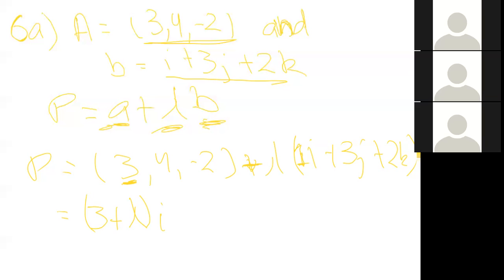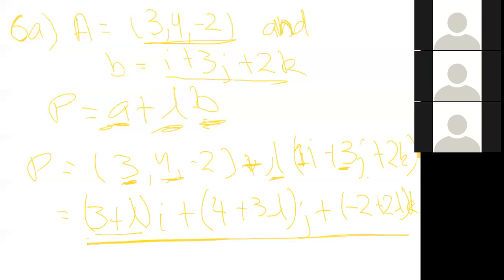So I have 3 plus 1 lambda, 3 plus lambda i, plus 4 plus 3 lambda j, right? Same thing, we've got a 4 here. We've got 3 times lambda there, and then the j, and then plus -2 plus 2 lambda, and that should have a k in there. Yep. So that's in the format here in the notes, like that.